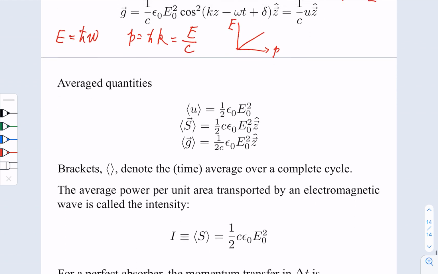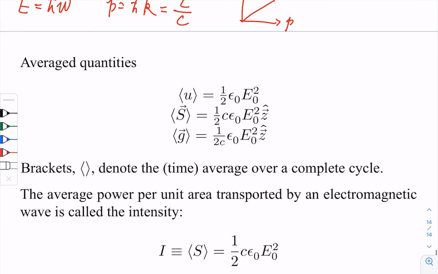So from here, these quantities are much more physical to observers, that is, insensitive to the phase of the light.